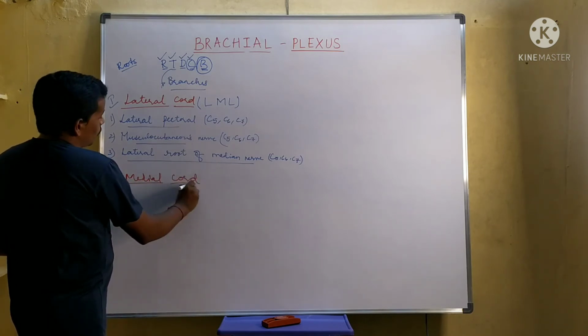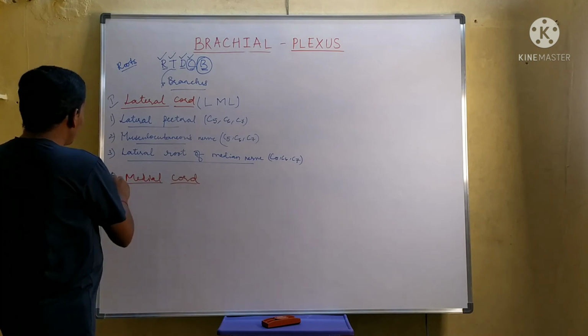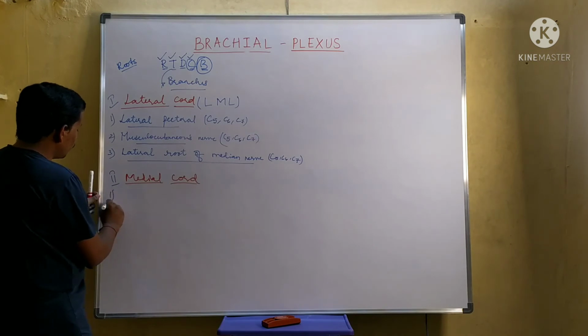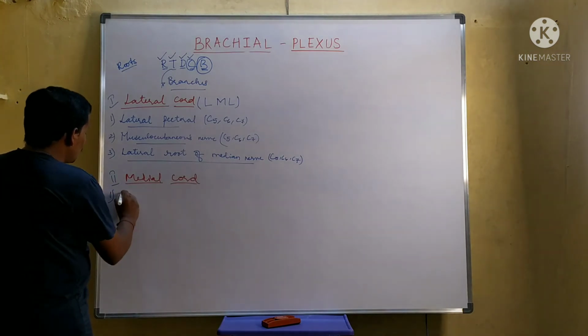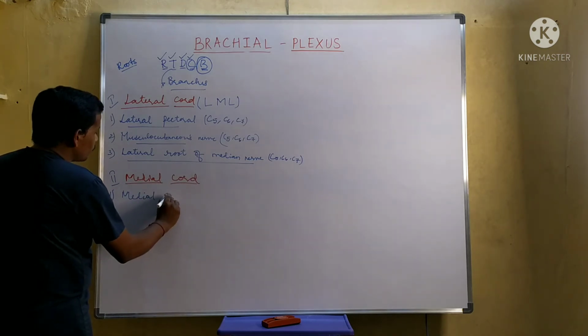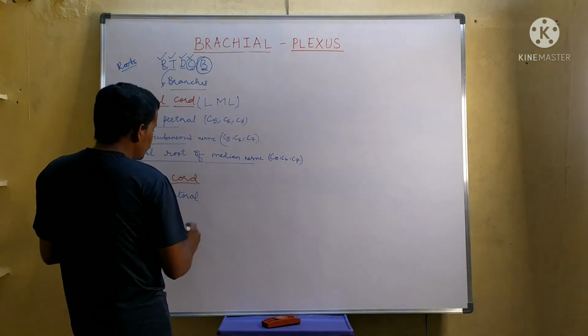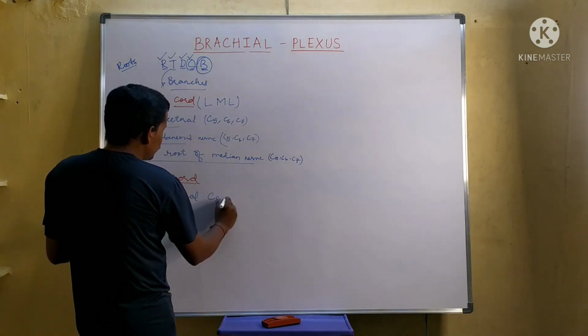Medial cord gives 5 branches, guys. First one is medial pectoral nerve, root value is C8, T1.